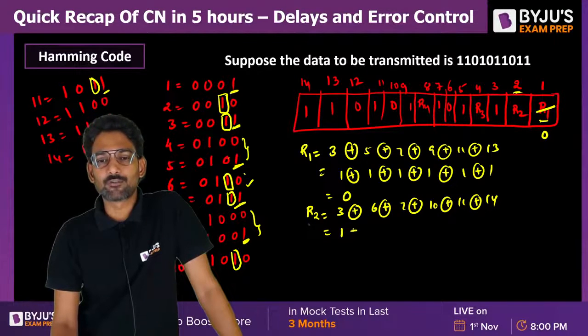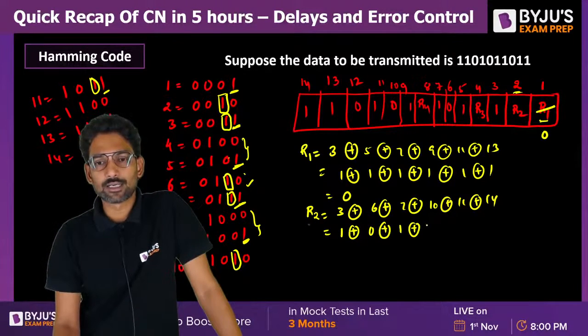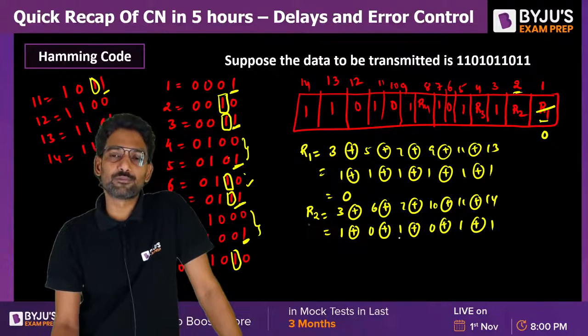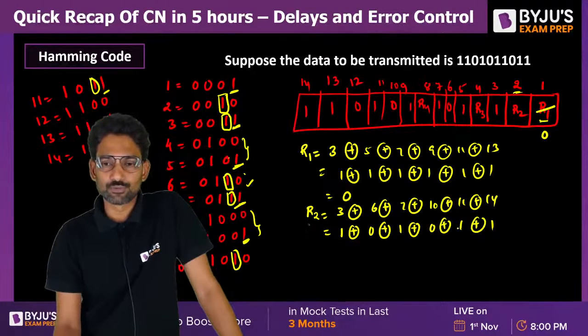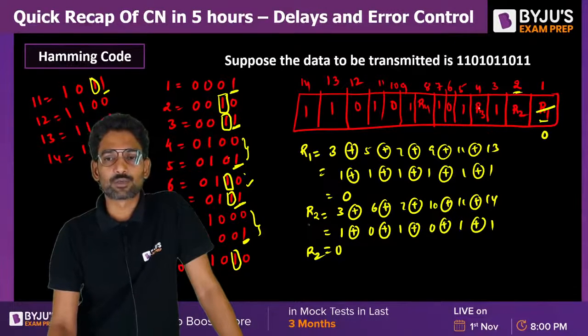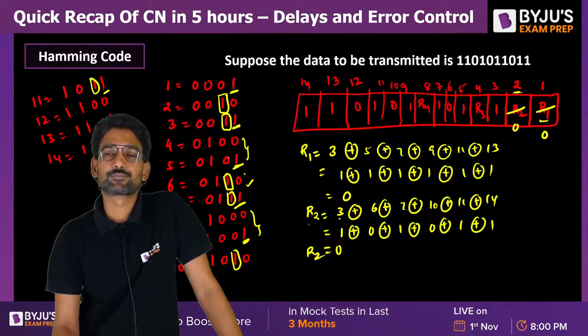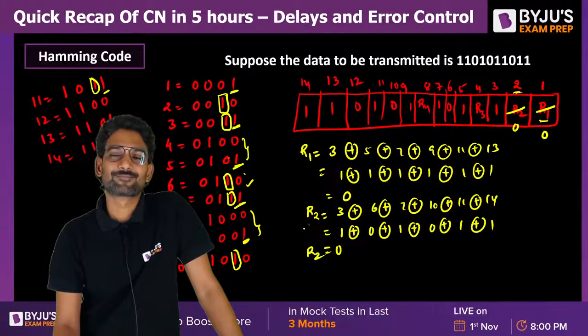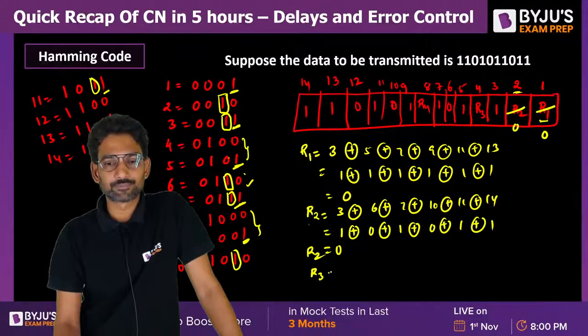Third position 1, 6th position 0, 7th 1, 10th 0, 11th 1, 14th 1. So count the number of ones: 1, 2, 3, 4, even number, so it would be 0. So R2 is 0, right?